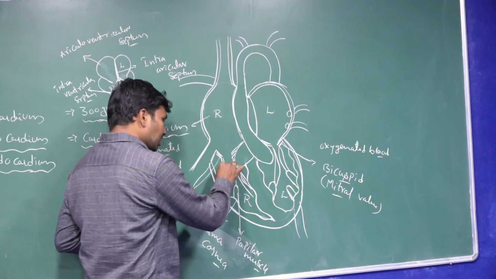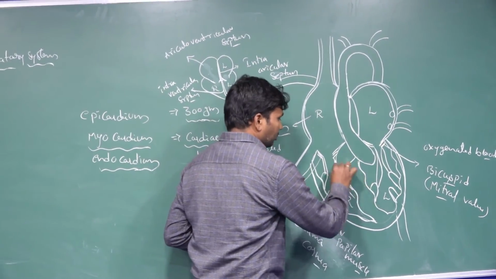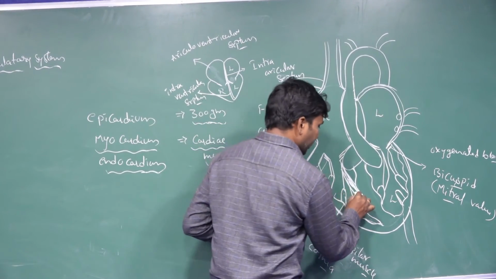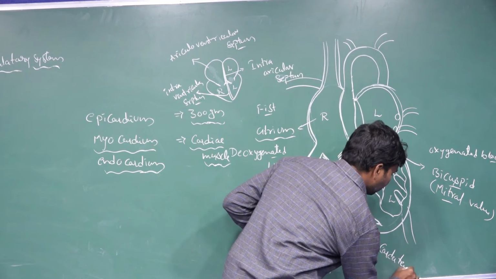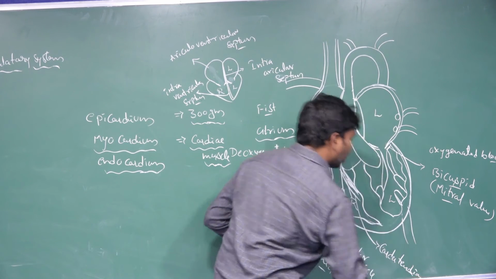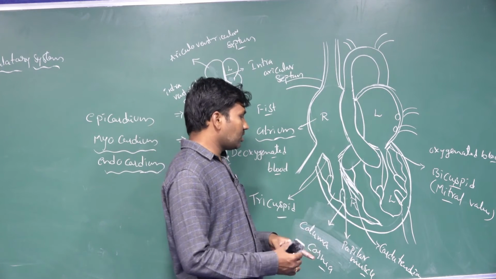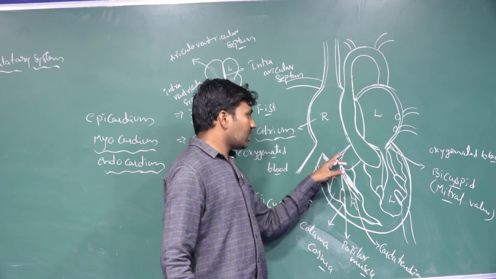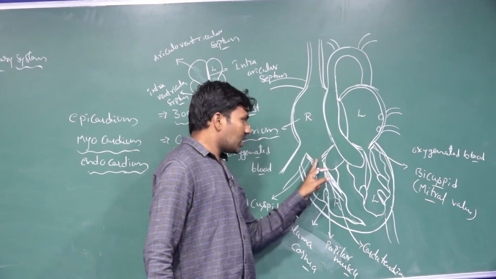The papillary muscles are attached to string-like structures called chordae tendineae, commonly called heart strings. With the help of the heart strings, one end is connected with the papillary muscles and the other end is connected with the bicuspid valve and the tricuspid valve.